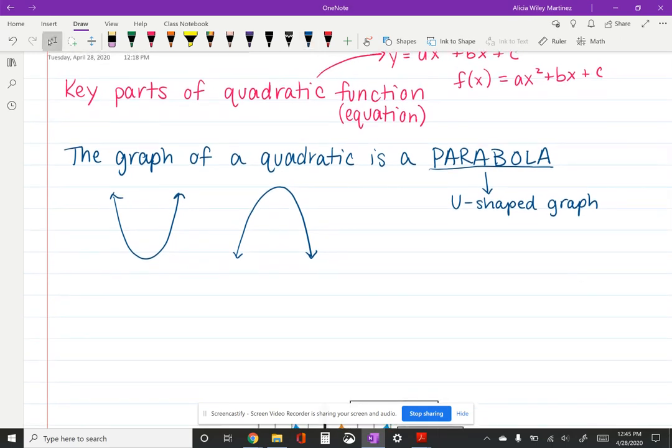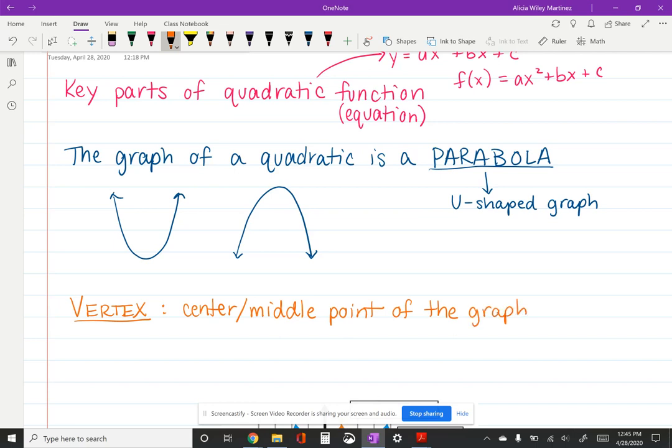So let's talk about some key parts of this quadratic graph known as the parabola. One of the key parts of a quadratic graph is what we call the vertex. A vertex is the center or middle point of the graph.